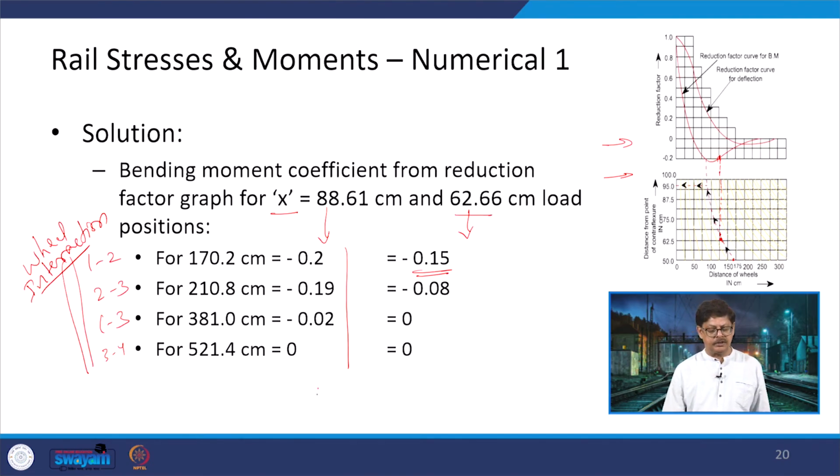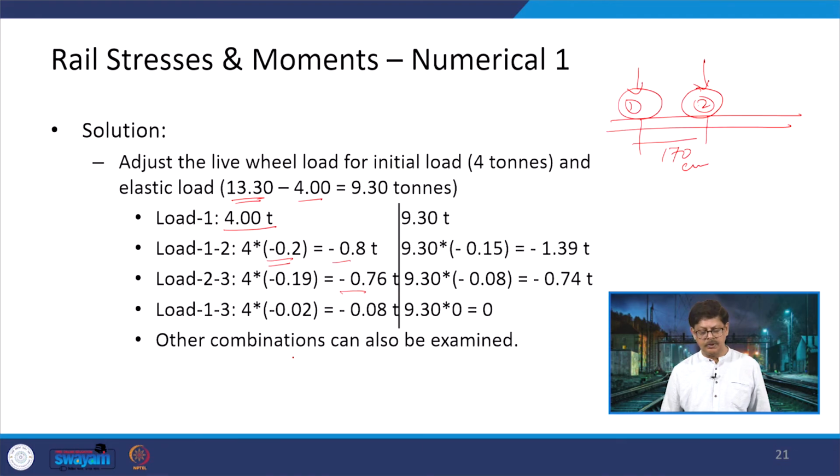If we take the rest of the combinations, the values are going to be 0 because now we are going to higher values here. The same thing is being done on the elastic side also, and there the initial augmented load is 9.3 and then with respect to the factors we get these values. So, we have now changed the values of the live loads.